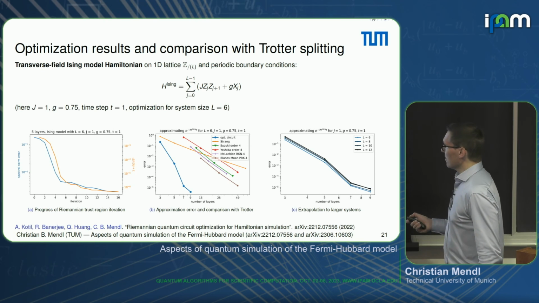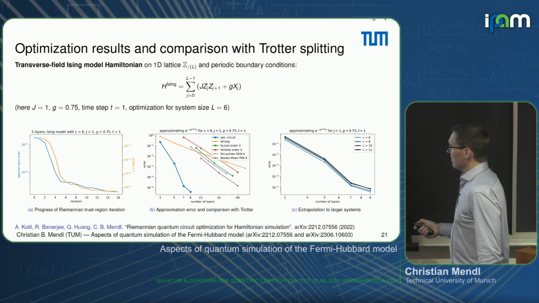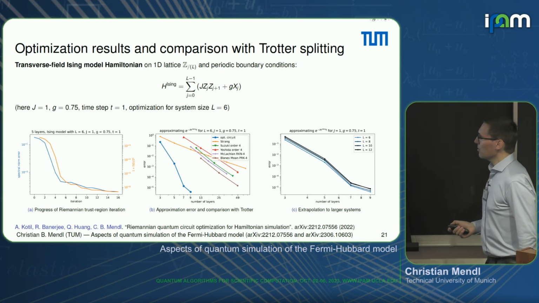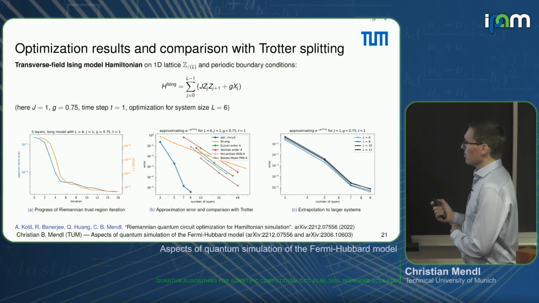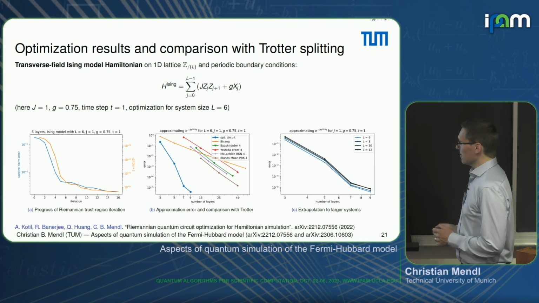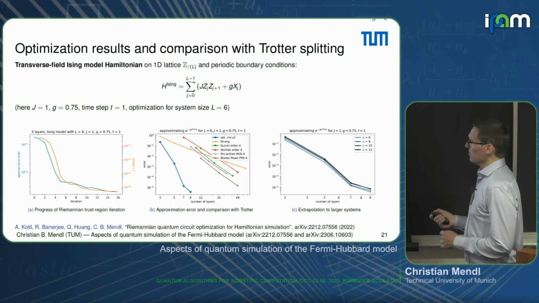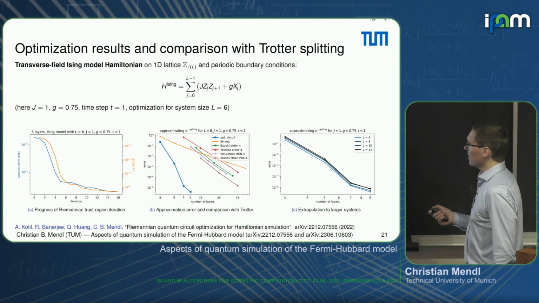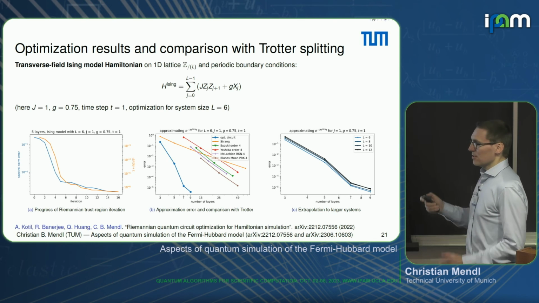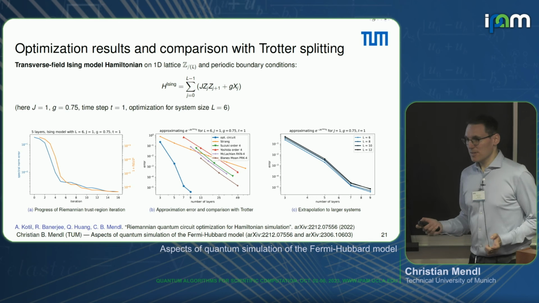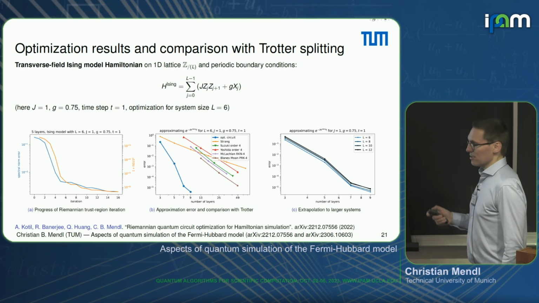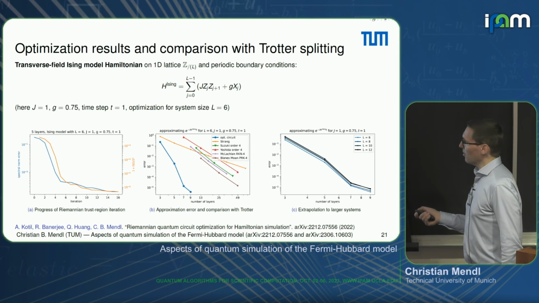Okay, and finally on the right I show, so now we come back to these light cone considerations. What we did here as a numerical test, so to say, is that now we use optimized gates, which we optimized for 6 lattice sites, and just use them for larger systems, but without re-optimizing them, right? Just use the same gates for the larger systems and plot the error.